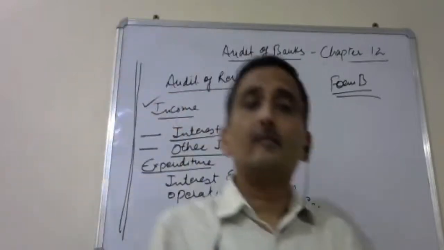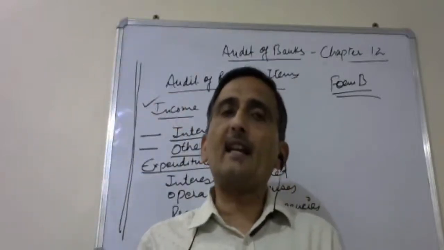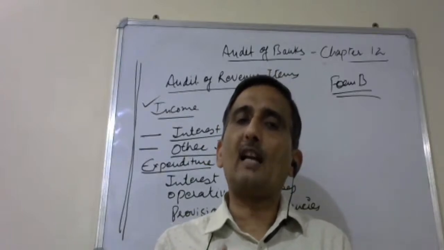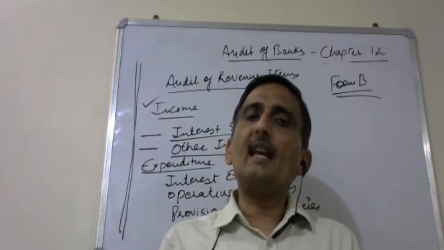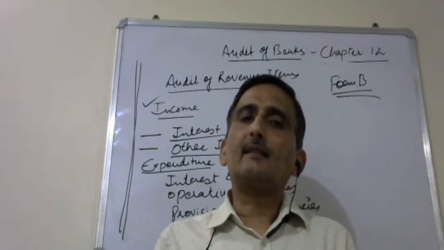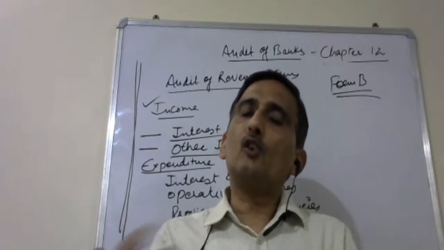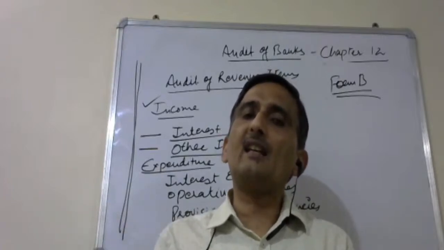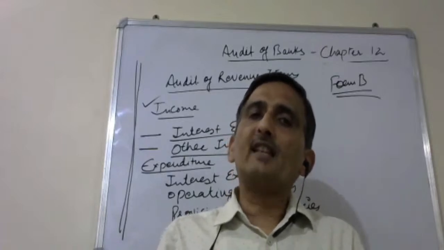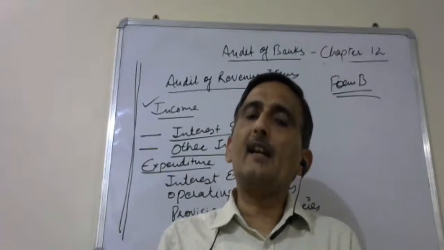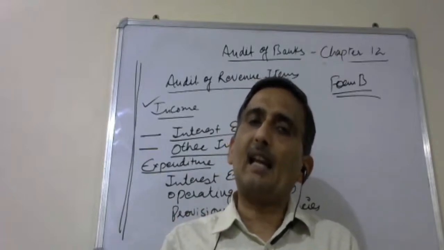Another important point is in case of bills for collection. Sometimes bills are sent for realization by the bank on behalf of its customer. So the auditor has to see that income from these bills is credited only when the bills are realized.